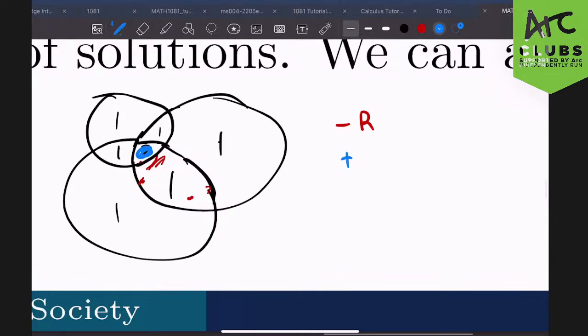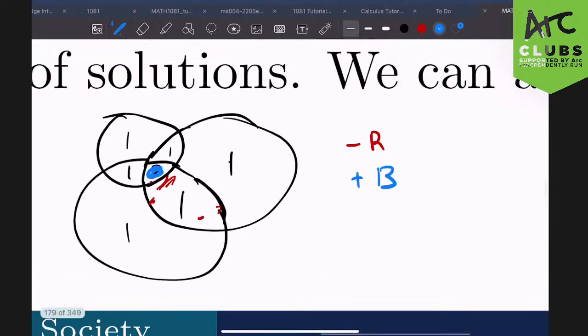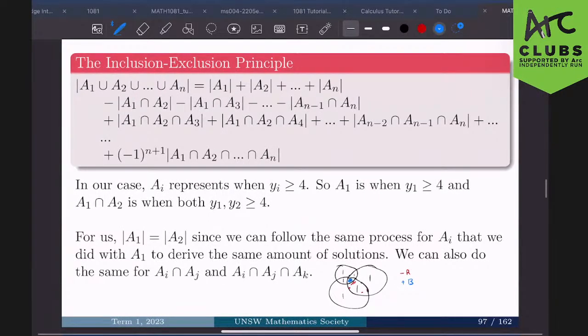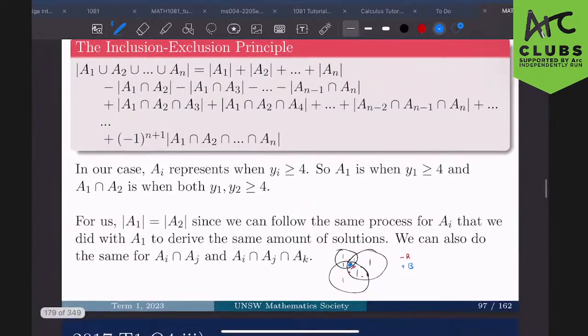So now you have to add the blue. This principle, the inclusion and exclusion principle, is just about making sure what you're counting is actually representative. And the key here is that whether you're adding or subtracting changes each time. So you'll be adding for one lot, and then subtracting, and so forth.